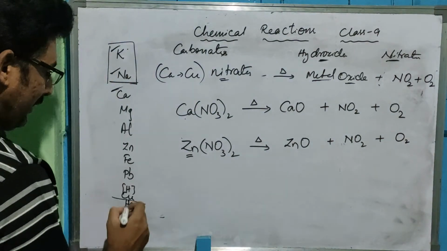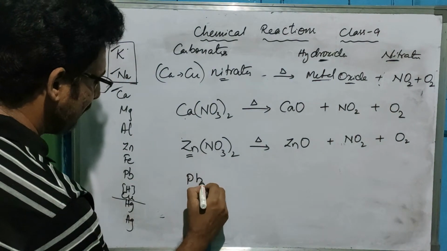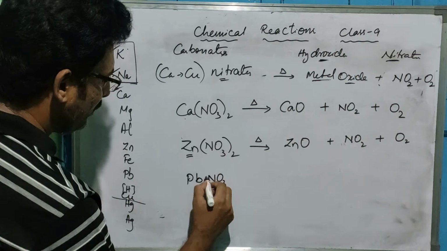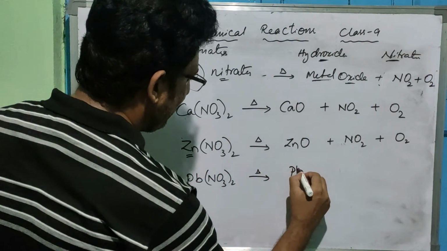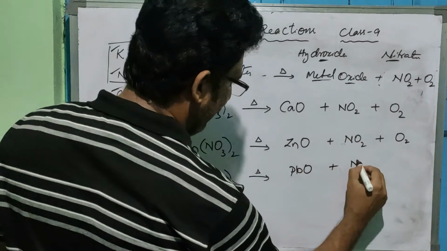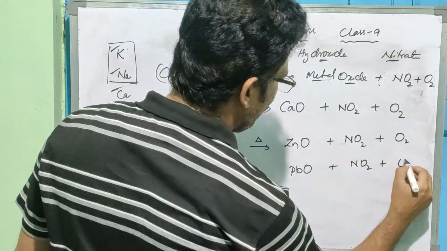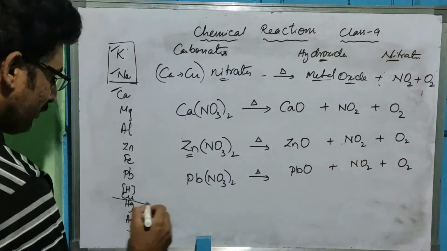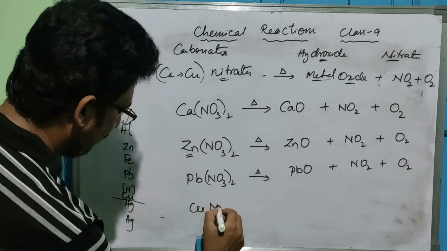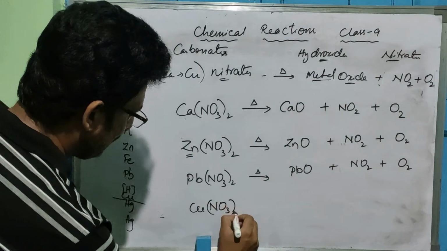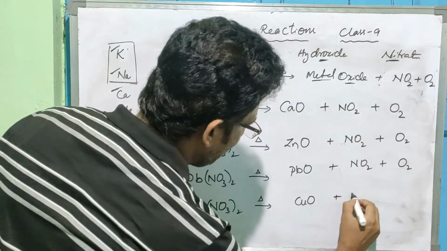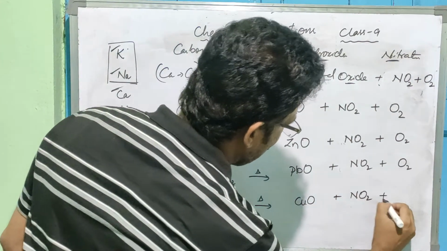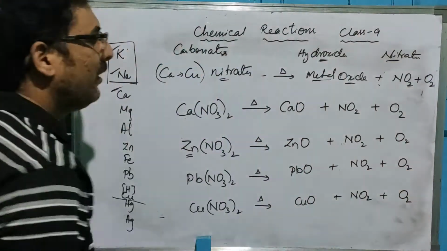And you can take lead nitrate, Pb(NO3)2. On heating, it will give you lead oxide plus NO2 plus O2. And if you take copper nitrate, Cu(NO3)2, on heating, it gives copper oxide plus NO2 plus O2.